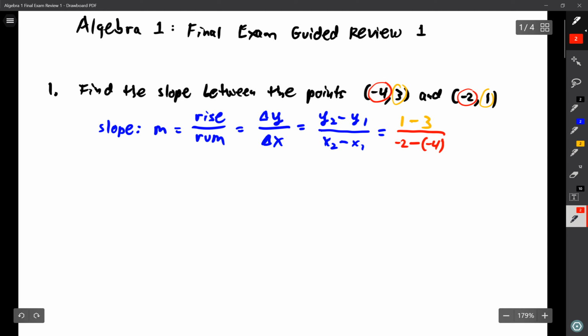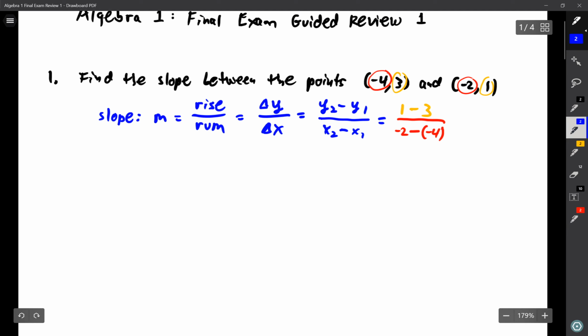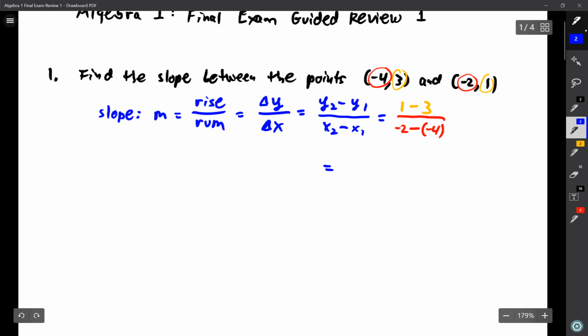Be very careful with negatives. So what do we get here? 1 minus 3 is -2. -2 minus -4, that's the same thing as -2 plus 4. So that gives us -2 over -2 plus 4 is a +2. -2 over +2 is -1.